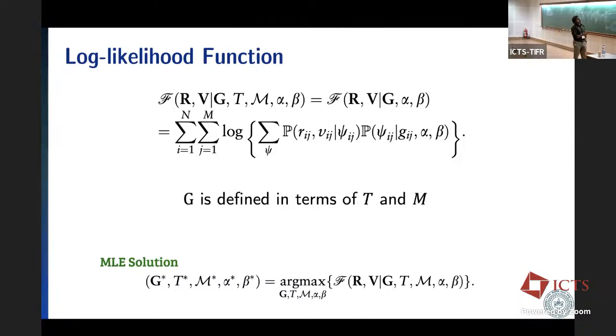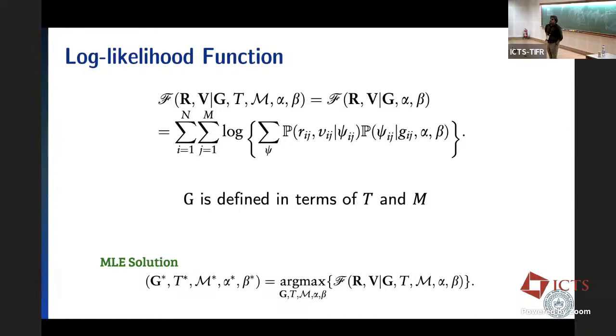So that is what we are seeing over here, that Rij, Vij, these are the read count data being generated from psi ij, and psi ij is generated from Gij and alpha and beta, okay? So now this whole formulation is giving us the total log likelihood of our observed data.